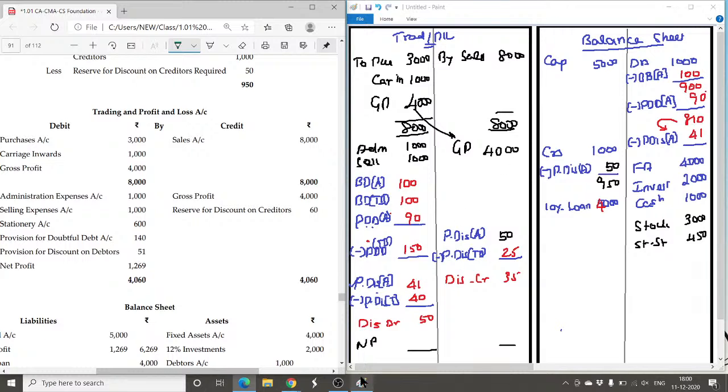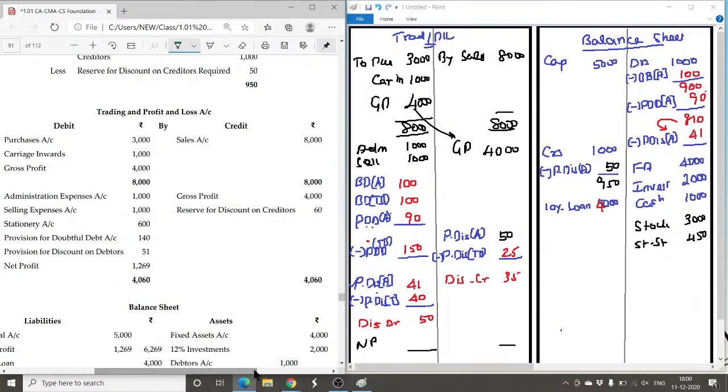Okay. Make it faster. 4,000. This is 50, plus minus 25. The value is 35. Sorry, 25. So 25 plus 35, 60. Then the total in the credit side is 4,060.